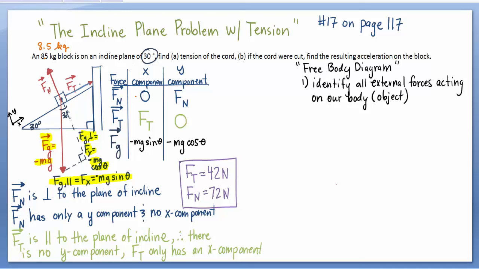So we can say that what we do know about force tension minus mg sine theta equals a mass times an acceleration in the x direction. We know that much.